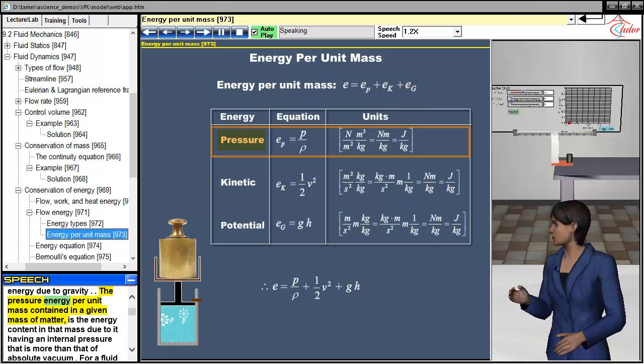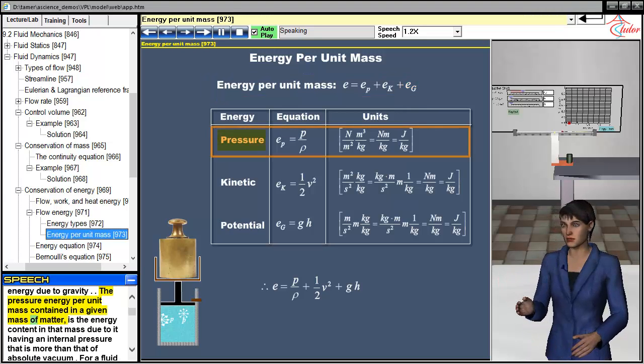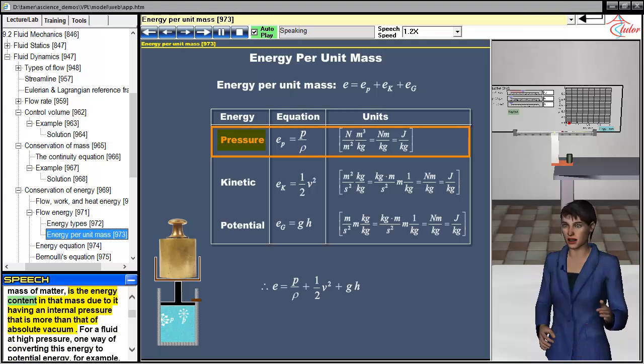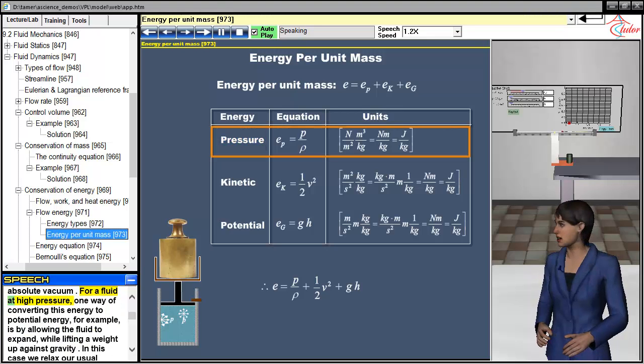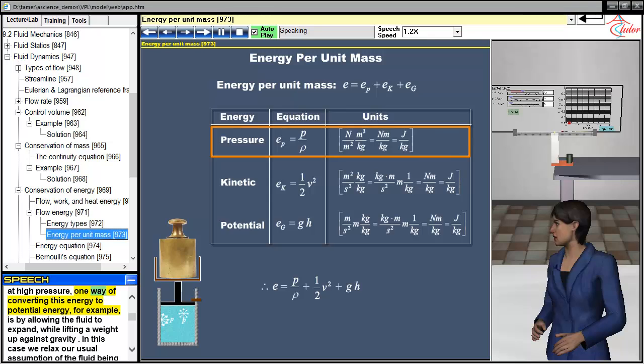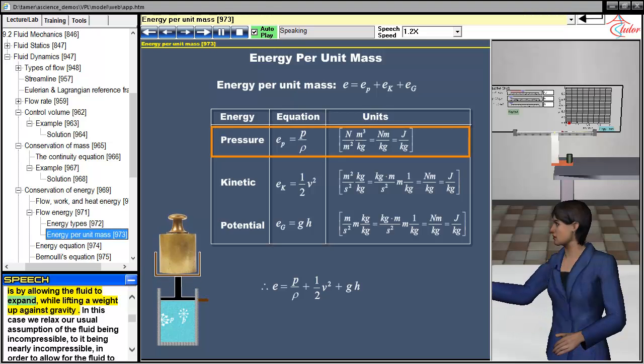The pressure energy per unit mass contained in a given mass of matter is the energy content in that mass due to it having an internal pressure that is more than that of absolute vacuum. For a fluid at high pressure, one way of converting this energy to potential energy, for example, is by allowing the fluid to expand while lifting a weight up against gravity.